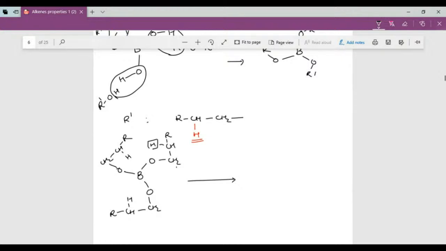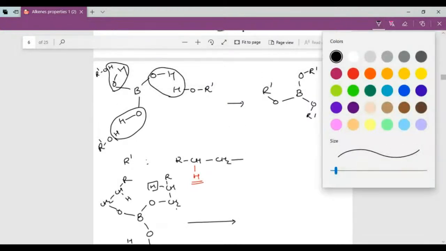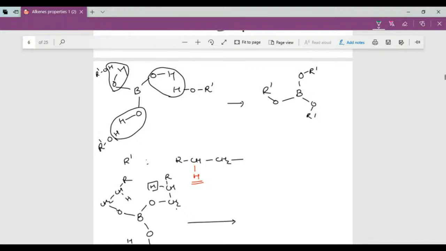Now, as I showed you how this ester is formed, the reverse could be true in its hydrolysis. If I want to hydrolyze this ester back, I can simply do it by, see, HOH is water. So always remember the bond broken in this is the oxygen-boron bond. It is not the oxygen-carbon bond.